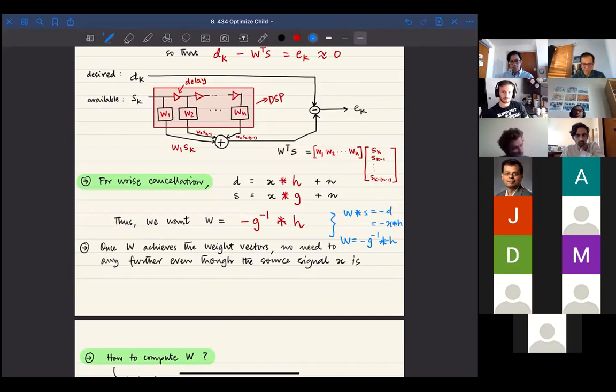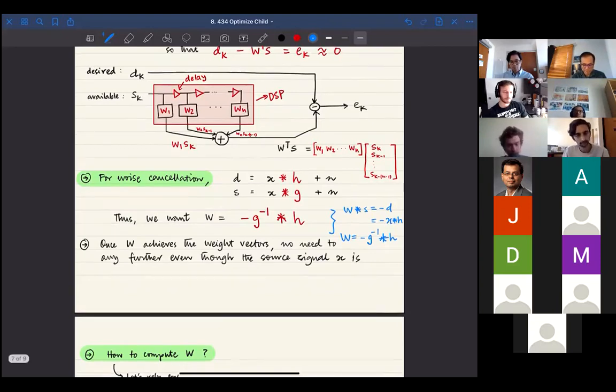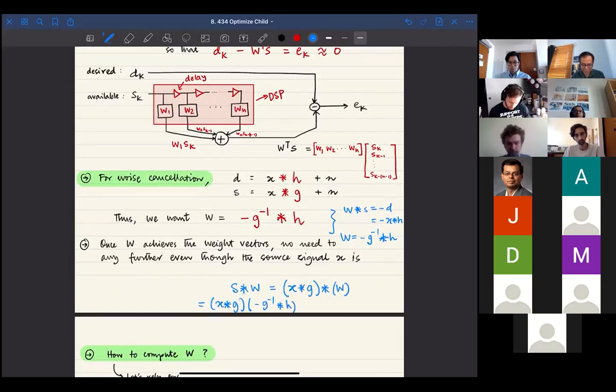And another way to think about it is, let's convolve S with W. By the way, W convolved with S is the same as S convolved with W. There's no difference. So S is X convolved with G convolved with W, which is X convolved with G convolved with minus G inverse convolved with H. This G inverse cancels.